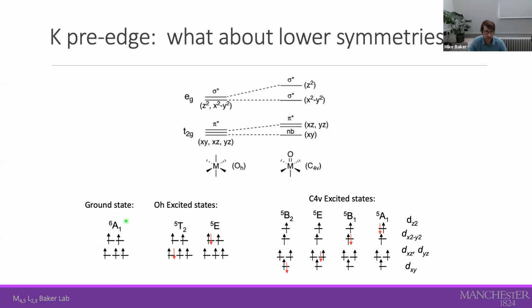So if initially in the octahedral case, we had this sextet A1 high spin iron 3+, as I showed earlier, and in that pre-edge spectrum, we had 2 excitations. If we move to C4v symmetry, then we just have to consider the additional permutations that are introduced by that. So then we end up with in total 4 different excitations due to that additional splitting of the crystal field.